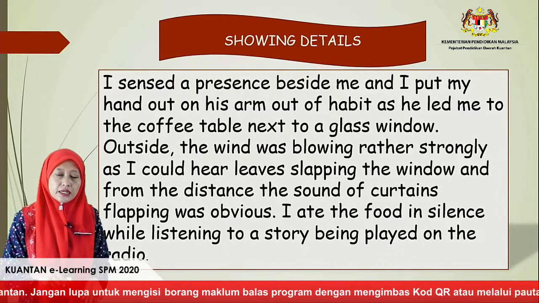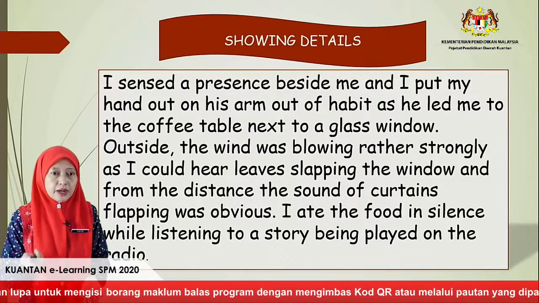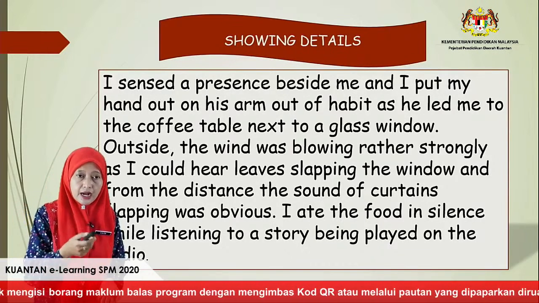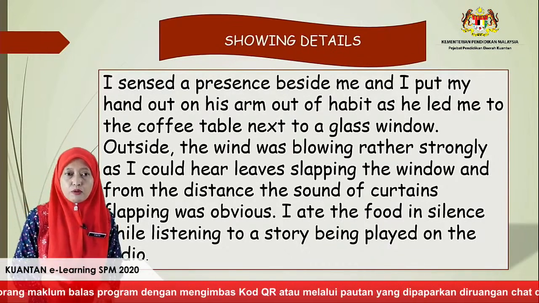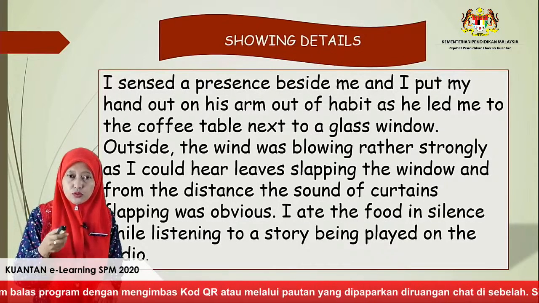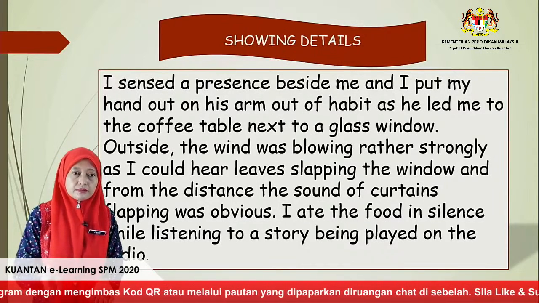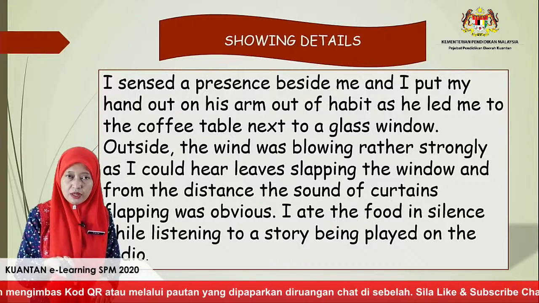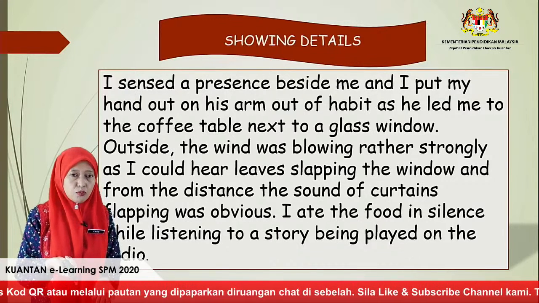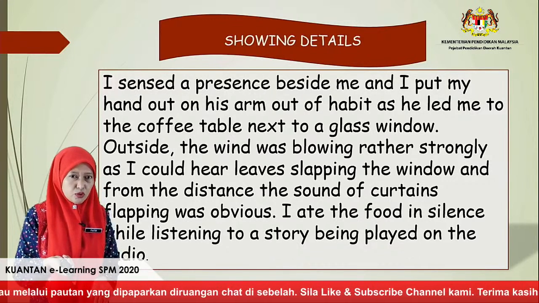So actually, you do not have the full story, but the main character here, the I, was blind. So you don't straight away write, I was blind. That would be very harsh, right? That would be very crude.